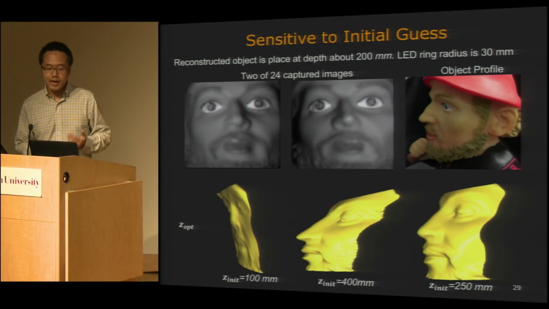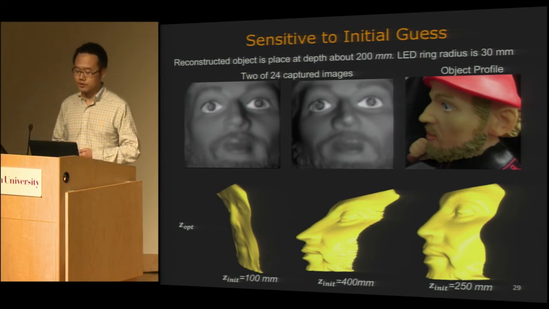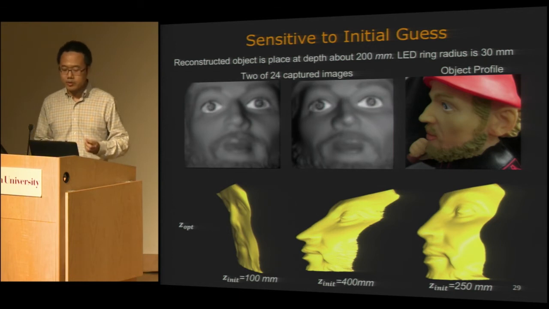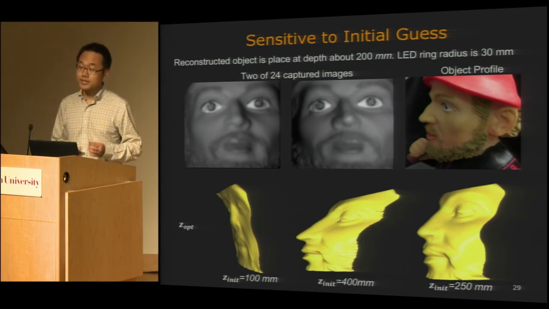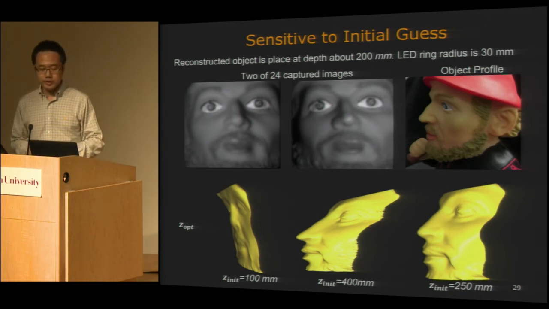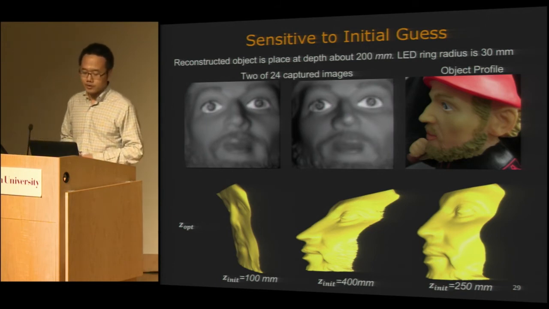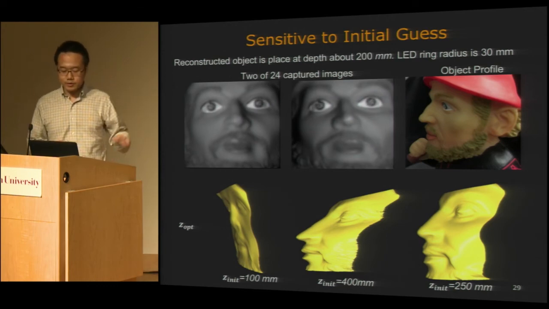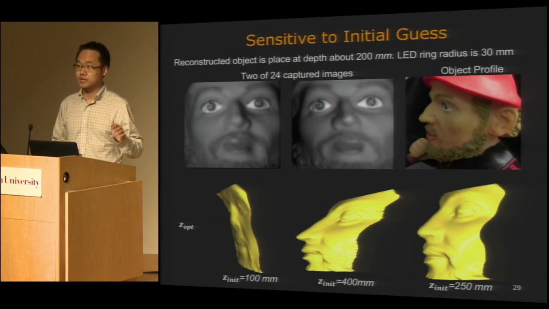But given the highly non-convex and nonlinear relationship between the image intensity and the scene depths, the optimization of the depths can be easily trapped in a local minimum. Here in the first row, we show two images captured using the LED ring with 30 millimeters. And in the second row, we show the final reconstructions with different initializations.